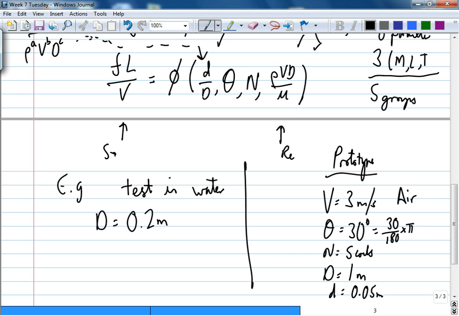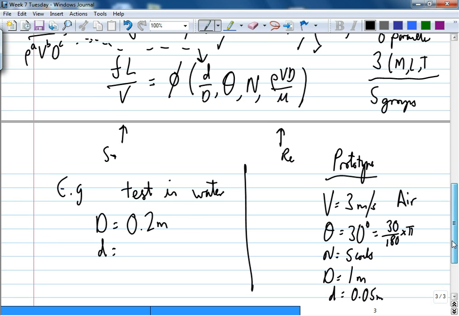Maybe that's the dimension of our pipe. So what should our small d be? Remember, the input parameters must be the same so that the output is the same. Small d, we do the easy one. This is basically just geometry scaling.